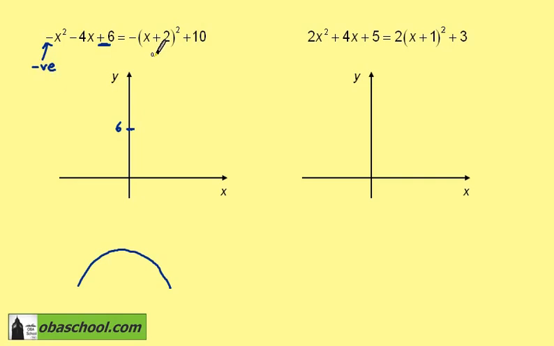The completed square form tells us the top of the curve is at (-2, 10). Note the signs. So (-2, 10) is the top of the curve. We know the shape, so we can produce the sketch.